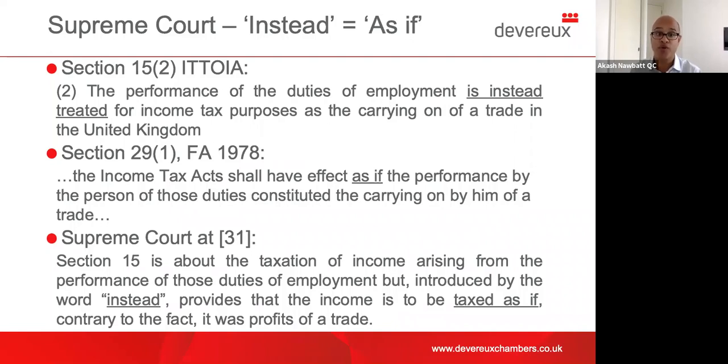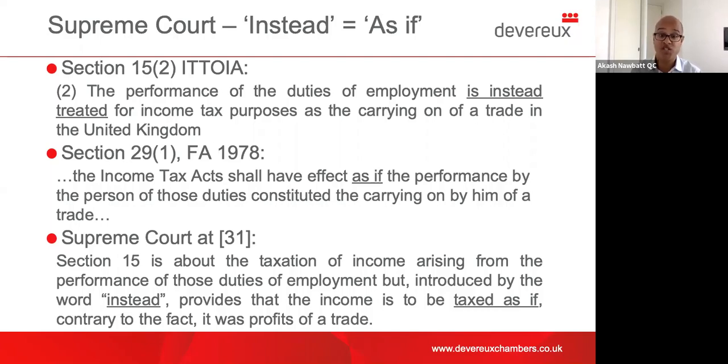Moreover, the Supreme Court noted that in identifying what was unemployment or what was employment income in section 15.1, sections 4 and 6 of ITEPA supplied the domestic tax law meaning for those terms in section 15.1.